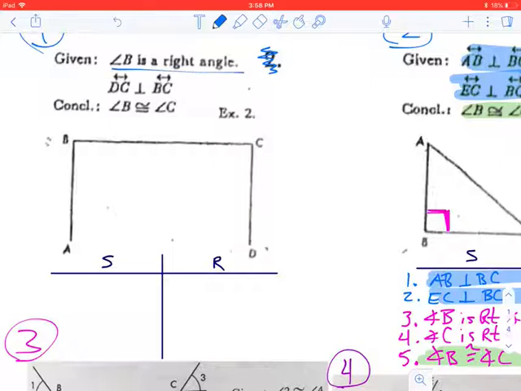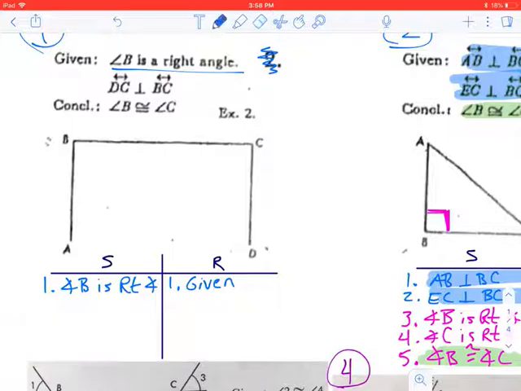So for this one, we have angle B is a right angle. So that's a given, which is free points. Don't ever pass up free points. And so step 2 is the other given.